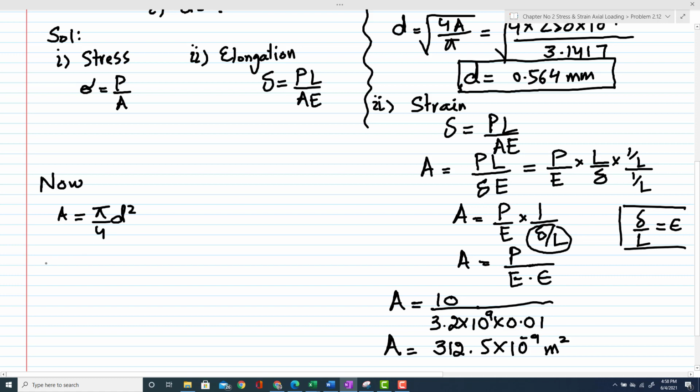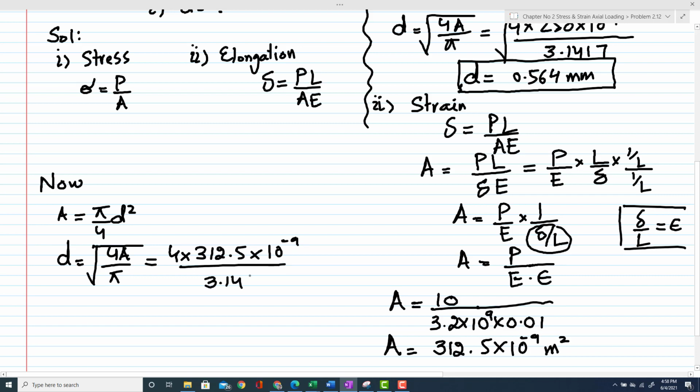So again D will be equal to the square root of 4A over pi. So 4 times 312.5 times 10 raised to the power minus 9 divided by 3.1417, under the root. So D comes out to be 0.631 millimeter.